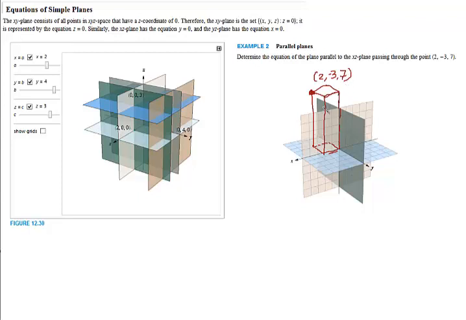So if you'll envision that point out in space, then I need the XZ plane. So XZ, so X goes this way, back and forth, and Z goes straight up and down. So the XZ plane would be this plane that is on the back side of this box, as it comes out from behind it.